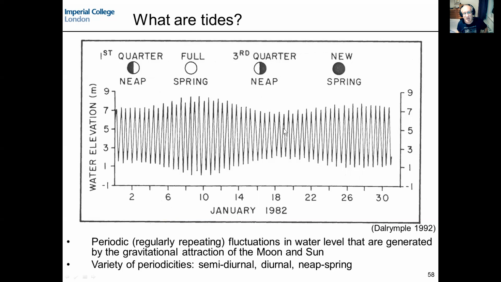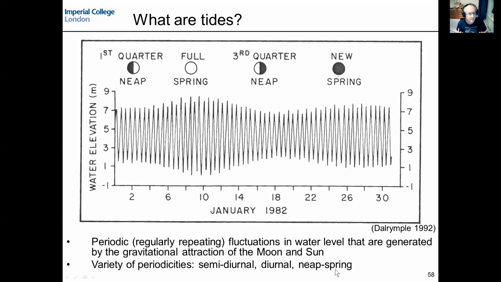And then we have times when there's a low range between the high and low tide. Those are the neap tides. If we go from the spring tide to the neap tide to the spring tide, this represents a period of about 2 weeks, about 14 days. So this is a neap-spring cycle.